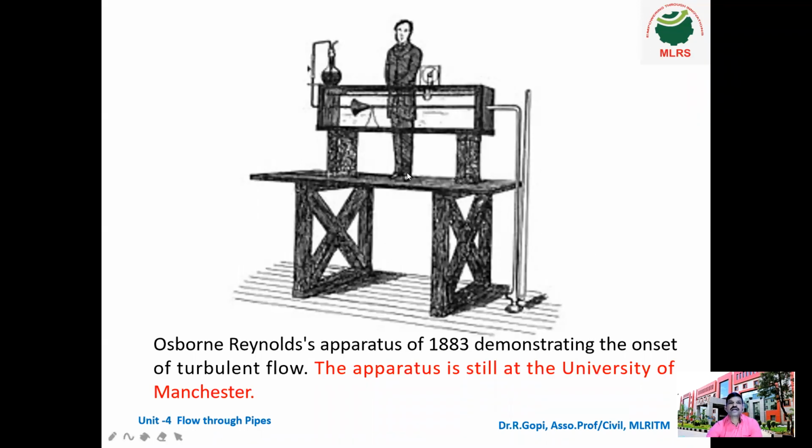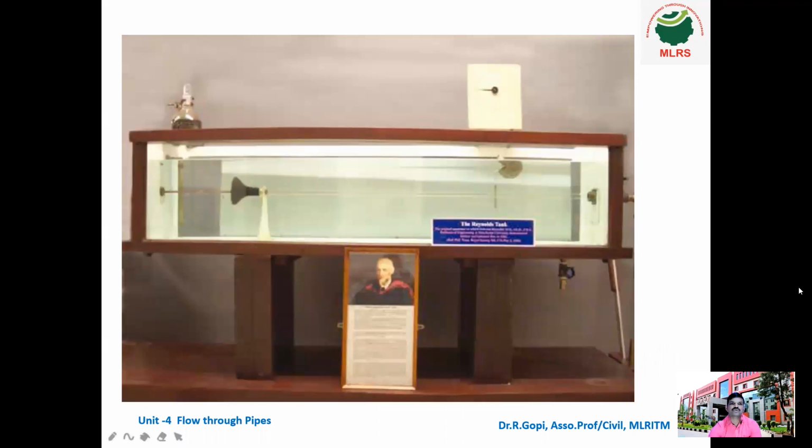This is Osborne Reynolds demonstrating the onset of turbulent flow. This apparatus is still at the University of Manchester. Reynolds physically demonstrated the experiment in front of all the scientists, and that instrument is still available at the University of Manchester. You can see the instrument he used to demonstrate the Reynolds number.